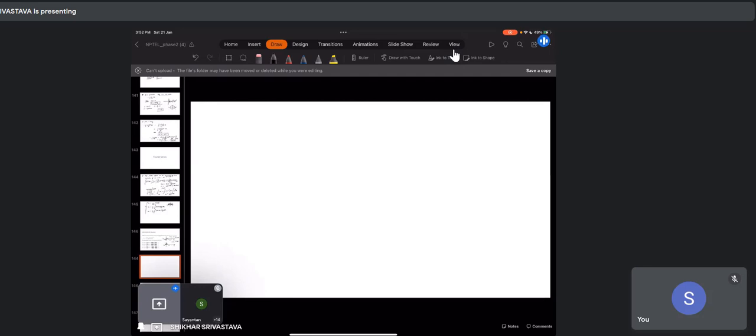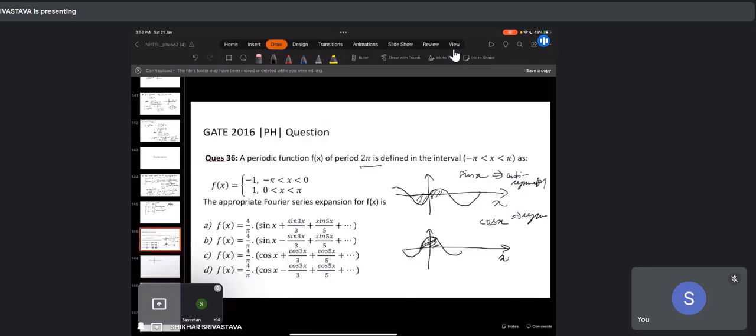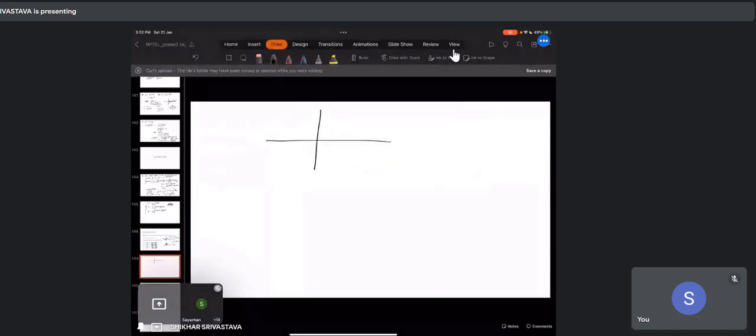First of all, you just plot this function. From minus pi to 0, it is minus 1, and then from 0 to pi, it becomes 1.